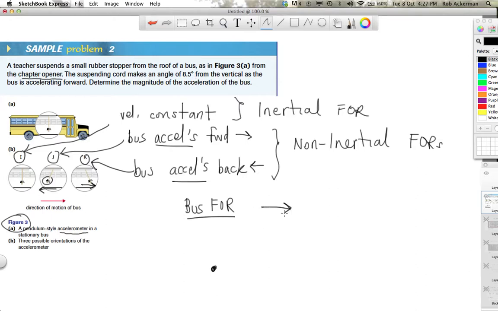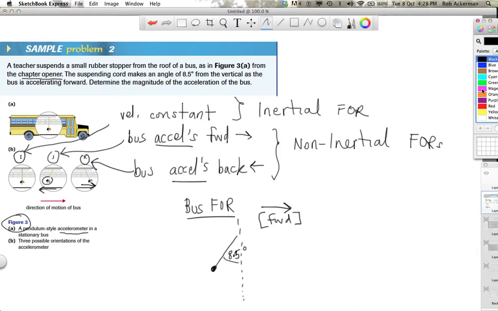So let's call this the forward direction. If this is the forward direction, then we know from our pictures here that this mass will hang backward at an angle. And so the string will look something like this, where here's the vertical, and the 8.5 degrees is right in here.